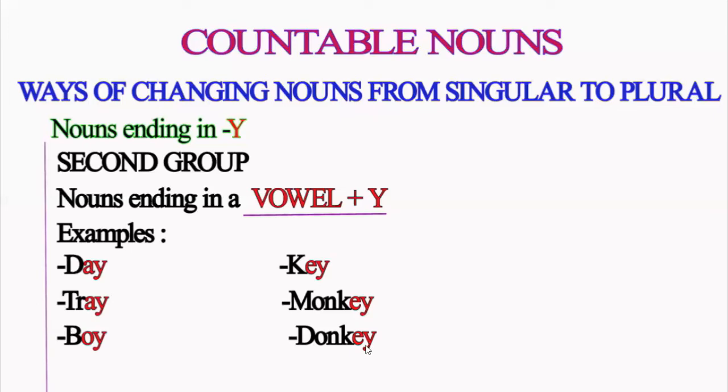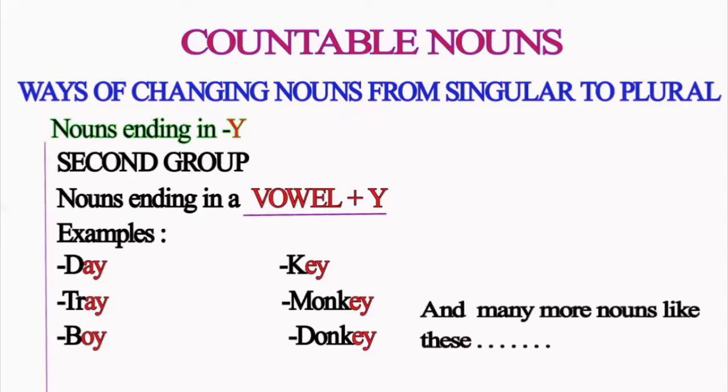The last letter is y, but before y there is a vowel. Now, how can we change these nouns into plural form? We are going to see very soon how to change these nouns into plural form.